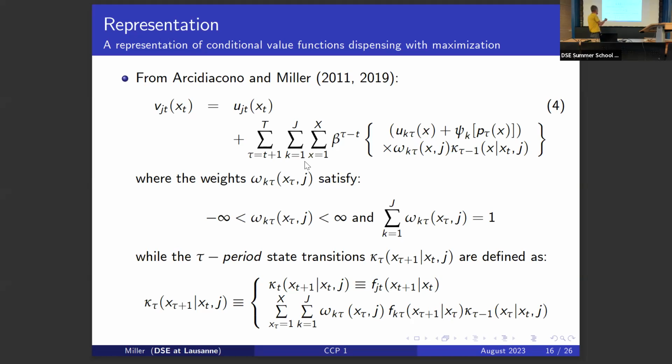And that gives you that the conditional value function is going to be equal to current utility plus future utilities plus these correction factors with weights and X transiting according to the combinations that you've picked.